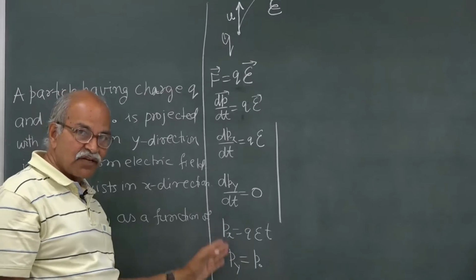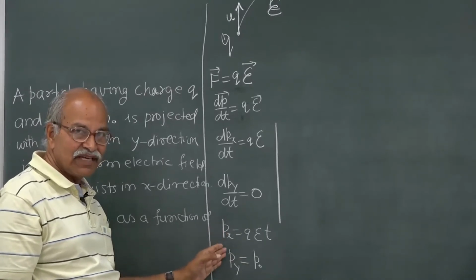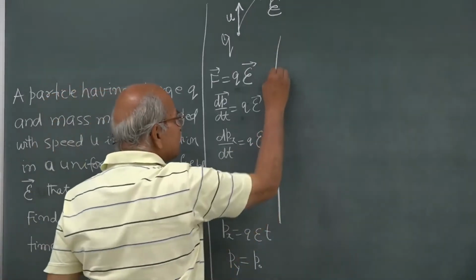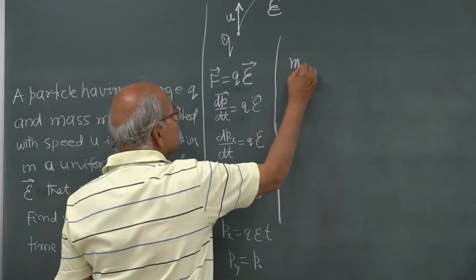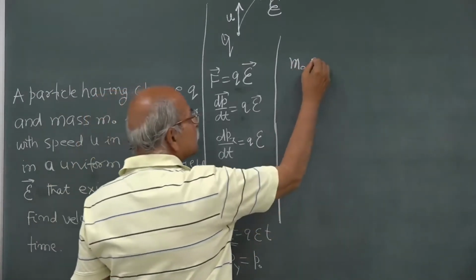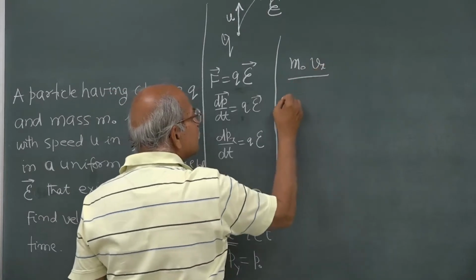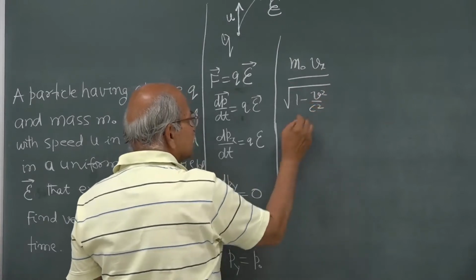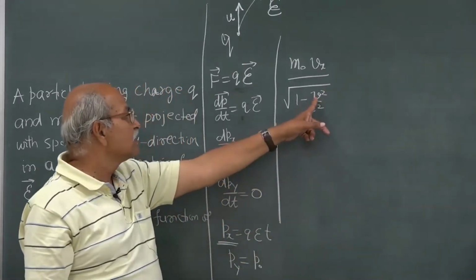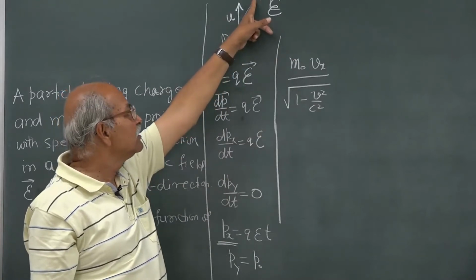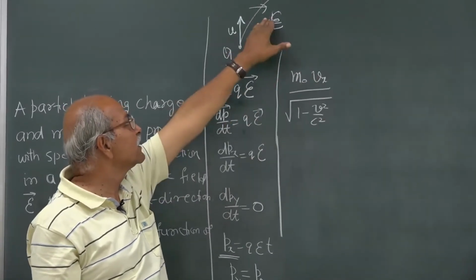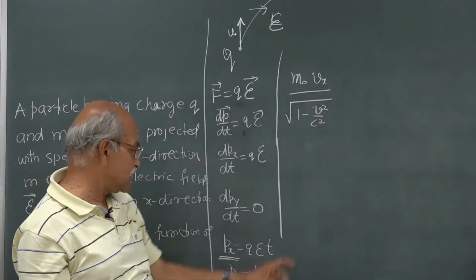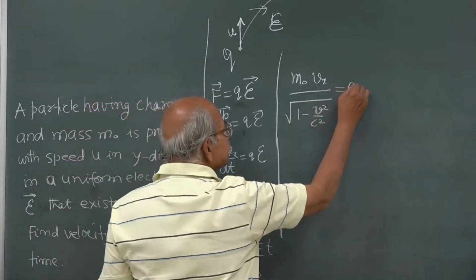From here we can try to find velocity components vx and vy, but it is not going to be easy, because px will be m naught vx divided by square root of 1 minus v square by c square. Remember, this v is the speed of the particle, whereas this vx is only the x component. So, that gets involved here. This is vx square plus vy square, and that is qEt.